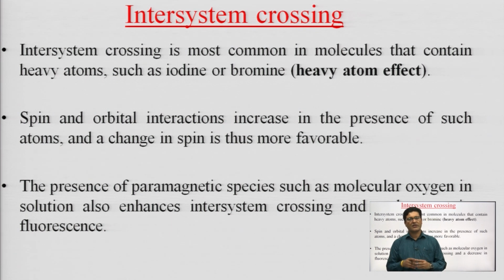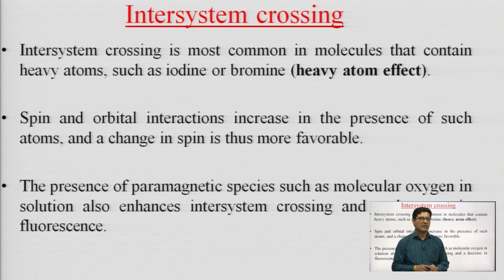It mainly arises due to spin-orbital interactions that increase in the presence of such atoms. In the presence of heavy atoms, the interaction between the spin and the orbitals is increased, and that favors intersystem crossing, causing a change in the spins from the paired state to the unpaired state.